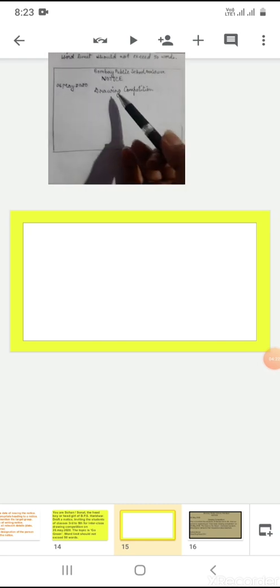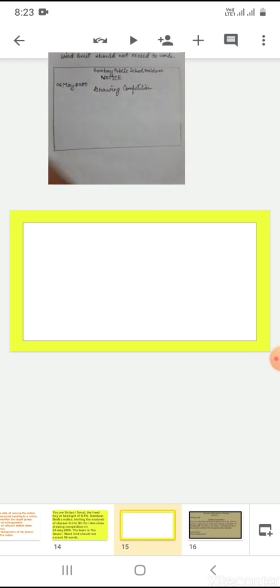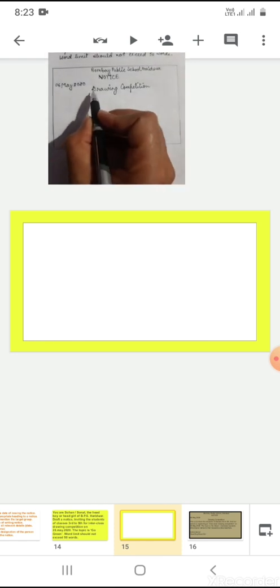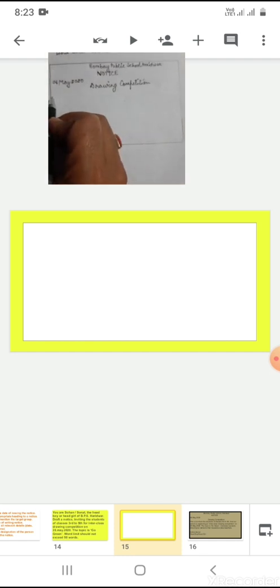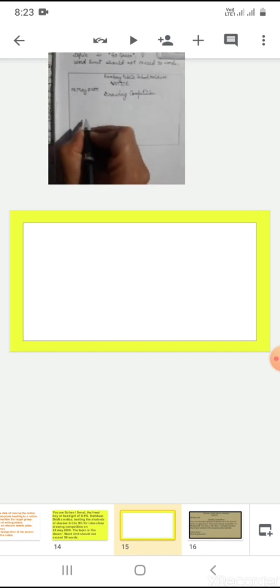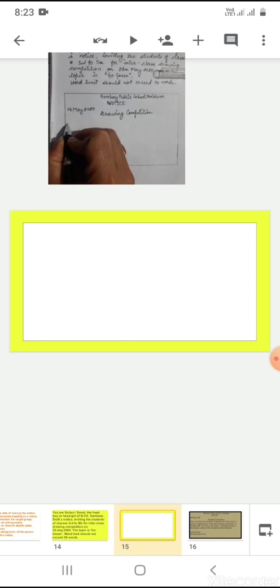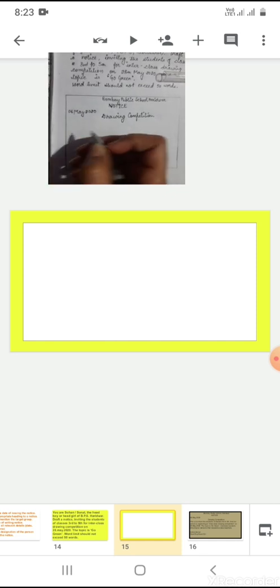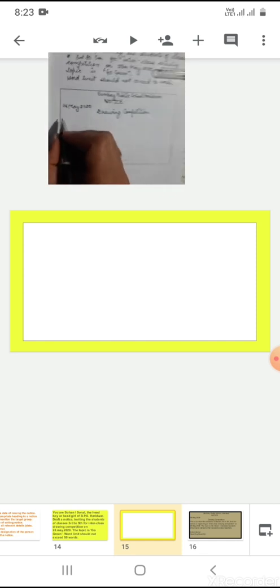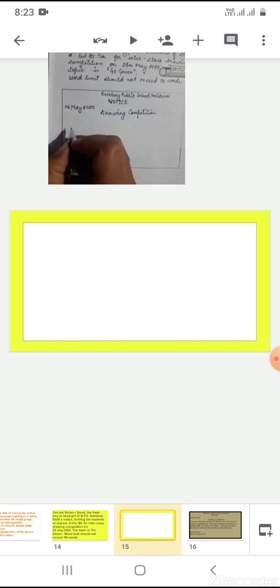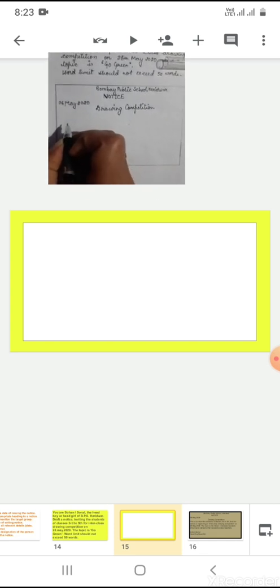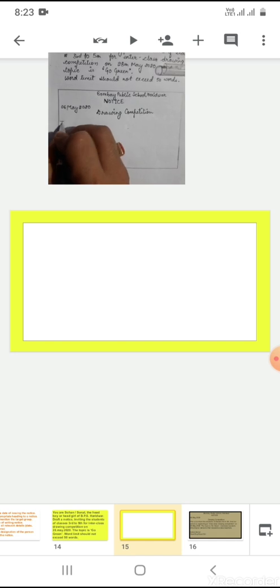Hey students, till here you all have done. Now we have to start writing the notice. After this you have to start from the margin line, from here. Write down.